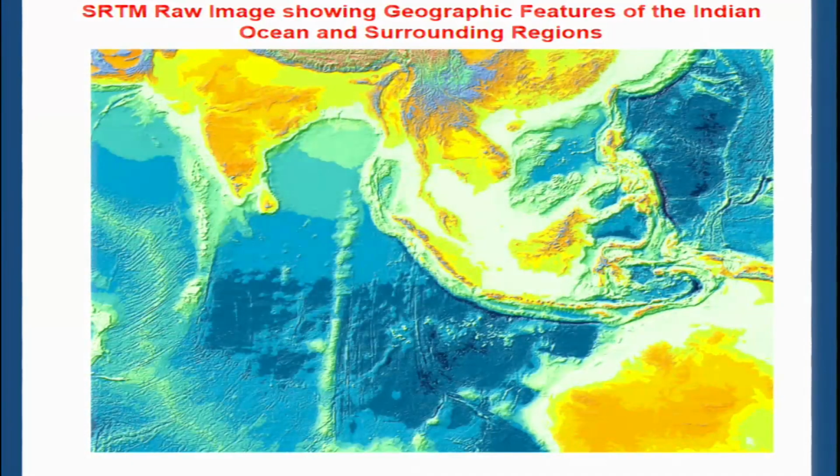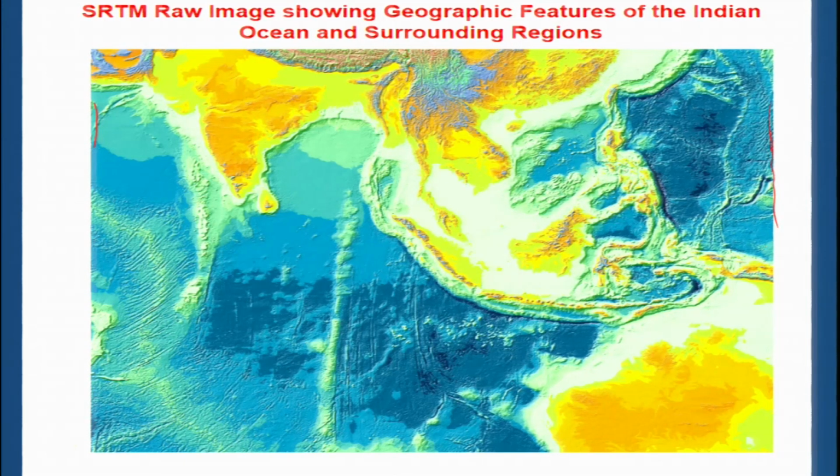Similarly, this is an SRTM raw image of this region, which is covering from India, Arabian Sea to this part. This is Hokkaido Honshu subduction zone, this is Japan, and this is the Pacific Ocean.